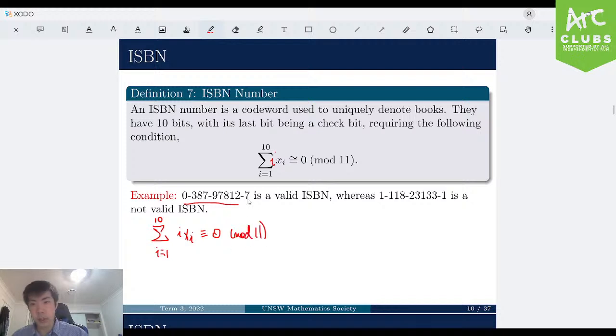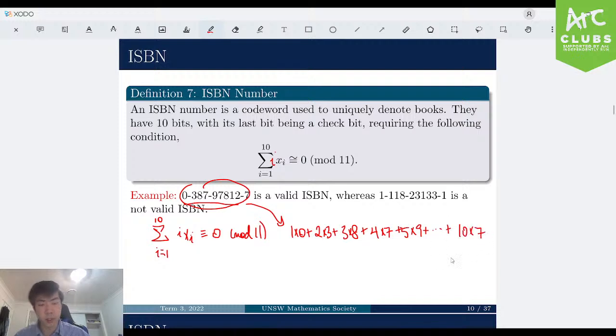So in this case, for this number, that would have been the same as 1 times 0 plus 2 times 3 plus 3 times 8 plus 4 times 7 plus 5 times 9, and so on, all the way until 10 times 7.